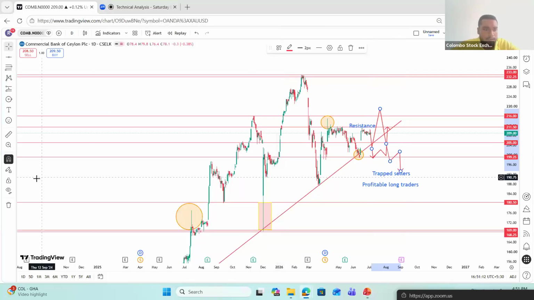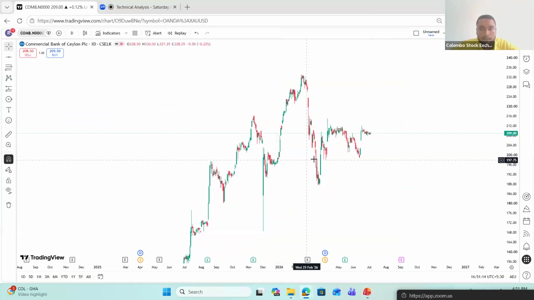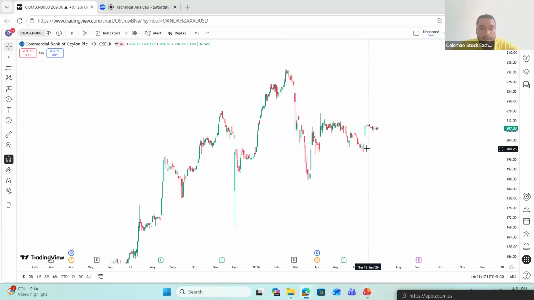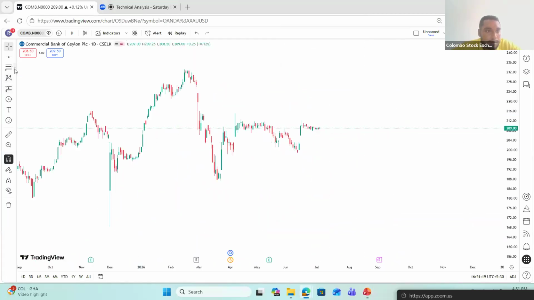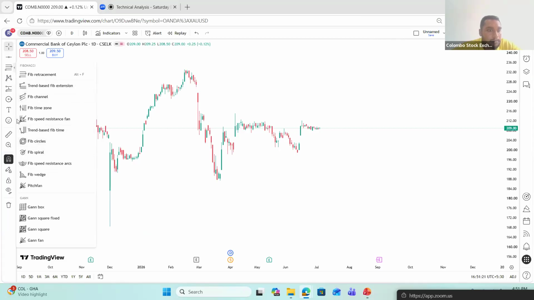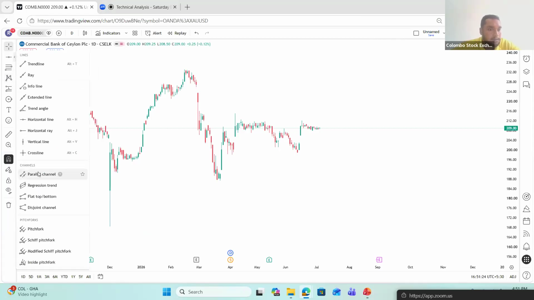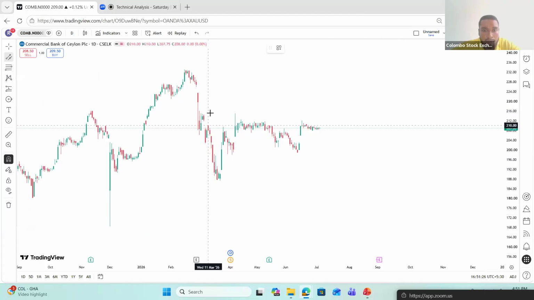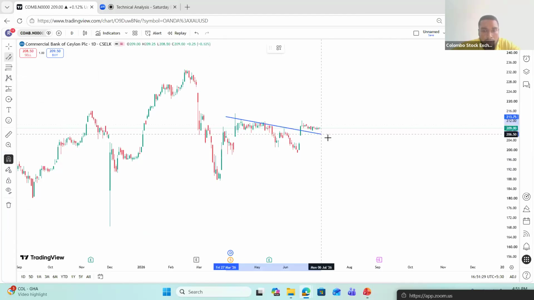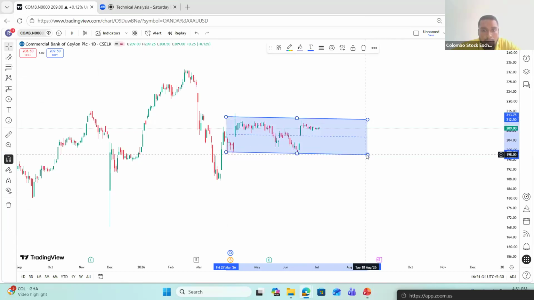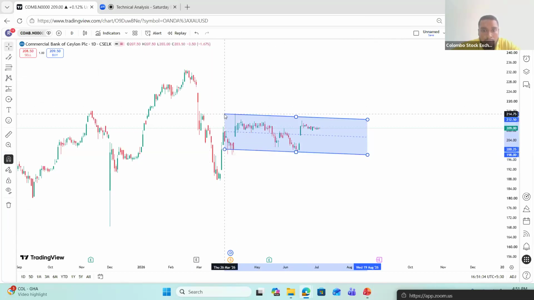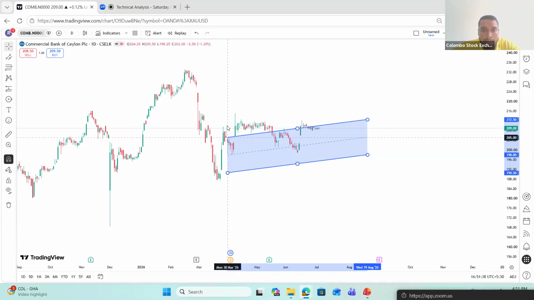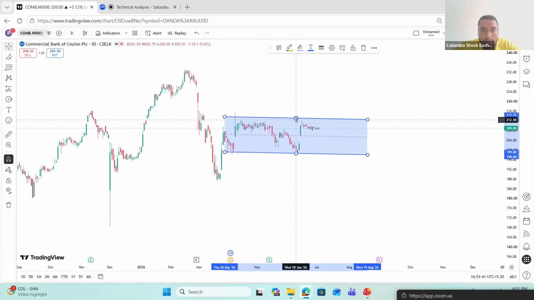But if you draw something like this, right now it's consolidating in a horizontal channel, from this point, in this horizontal channel or sideways pattern. This can be a support, and this is a resistance.